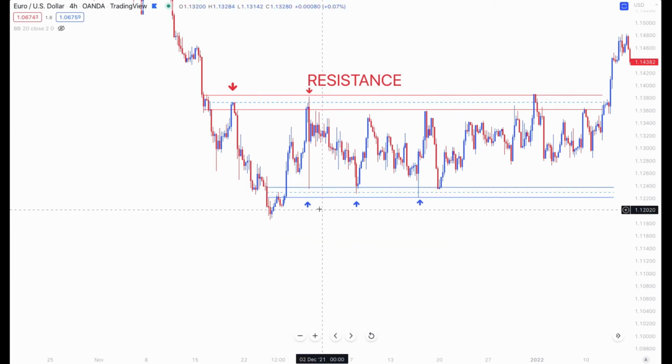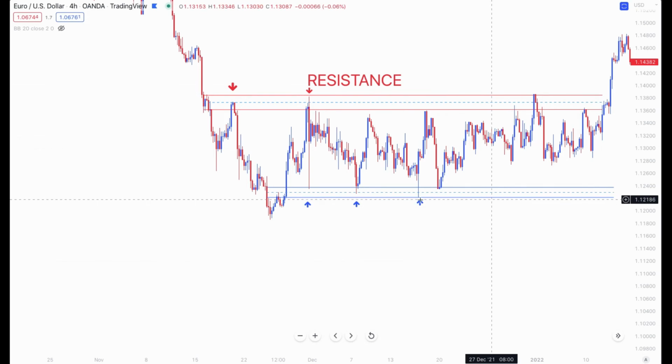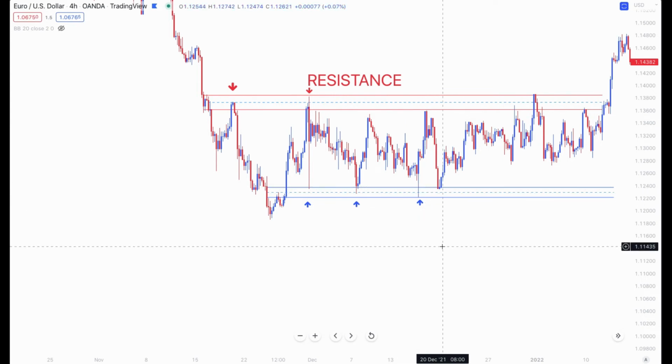So we can safely say that there is a demand for the asset, right? In this area, in this zone, there is a demand. There is a support level. The bulls, which is the same as the buyers, will not let the sellers win and push the price down past this area. Okay, the sellers keep trying.